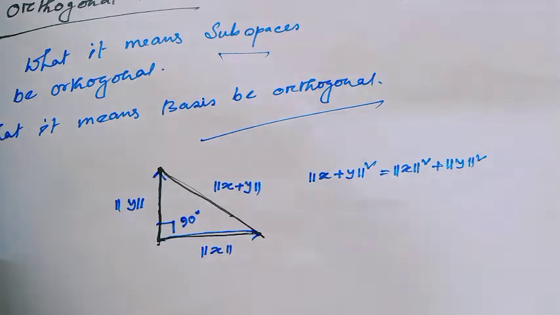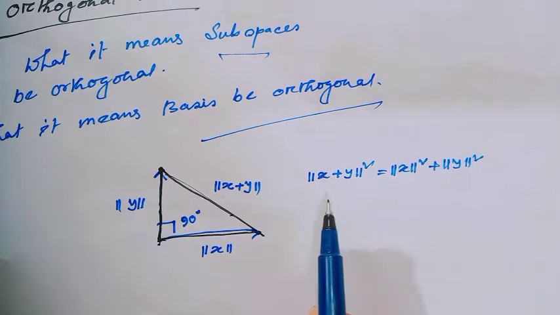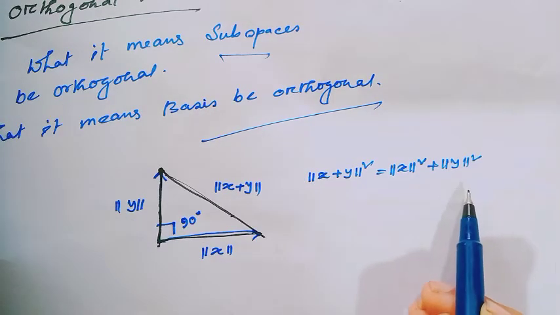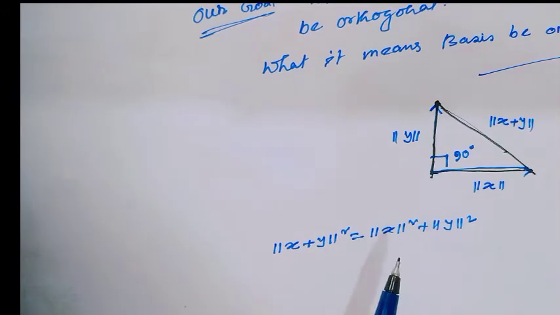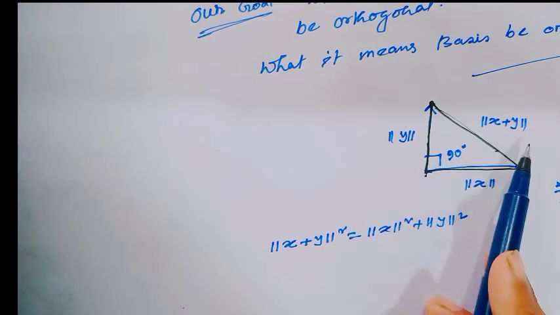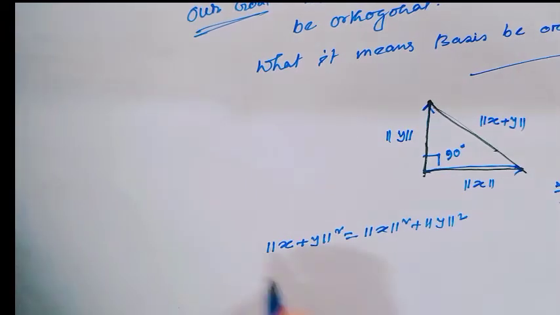Then by Pythagoras law, which all of us know, norm of x plus y whole square is equal to norm of x square plus norm of y square.